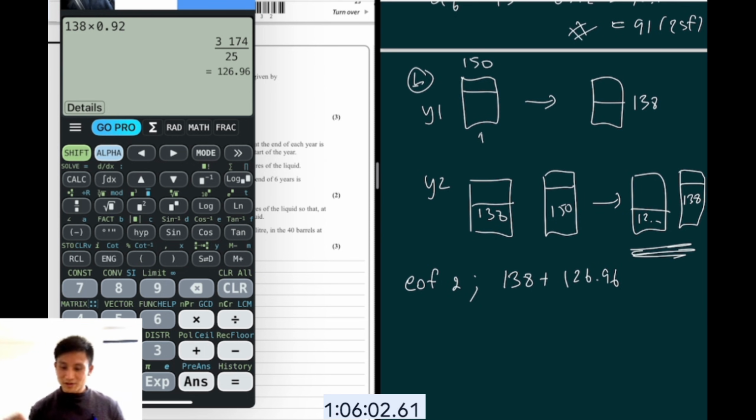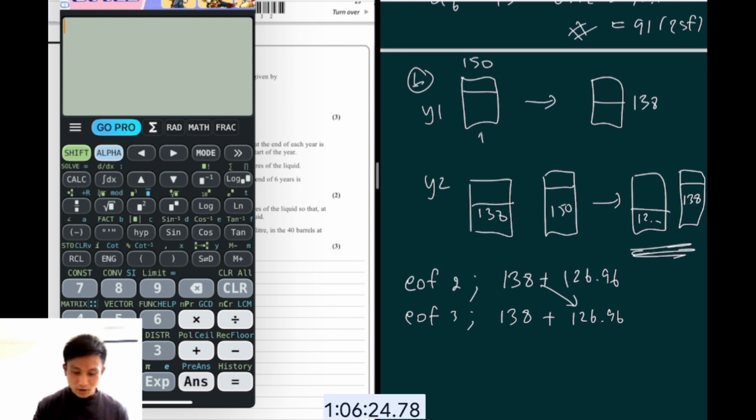At the end of the third year, let's just see the pattern here, just to make it clear. You would have these two, yeah? So you would have the first, at the beginning, 150 filled at the third tank, but it will have decreased to 138 as well. This one will decrease to 126.96, and the 126.96 will decrease to 24.